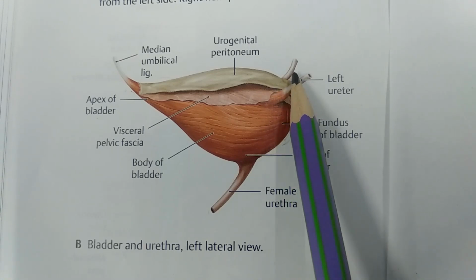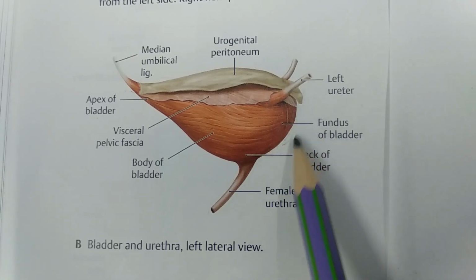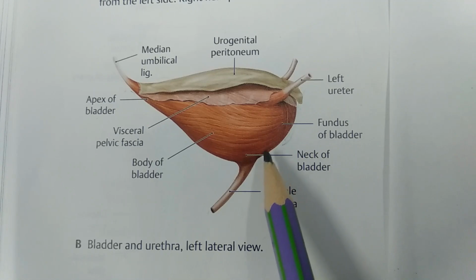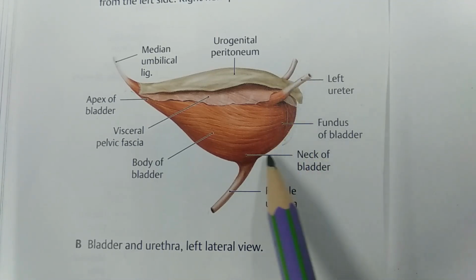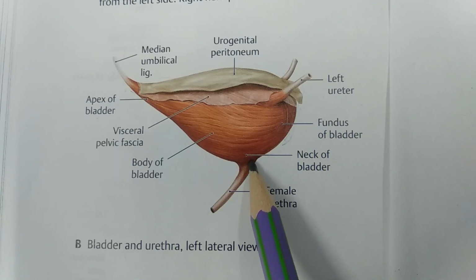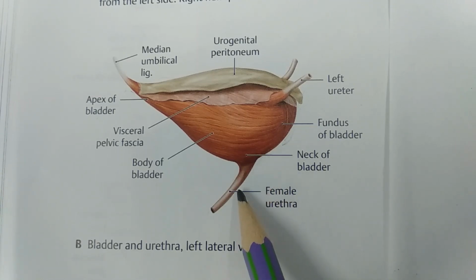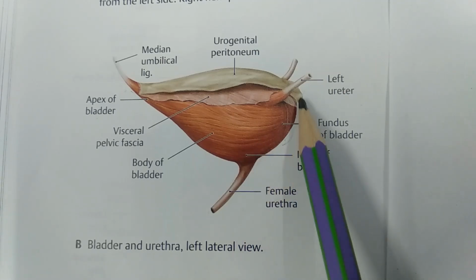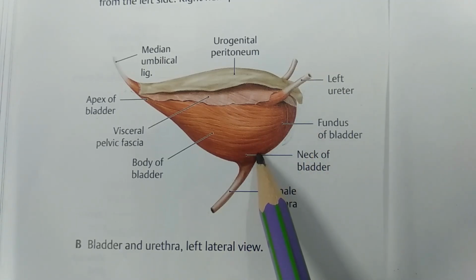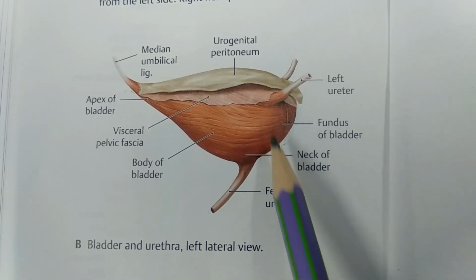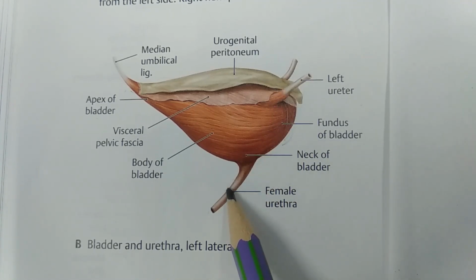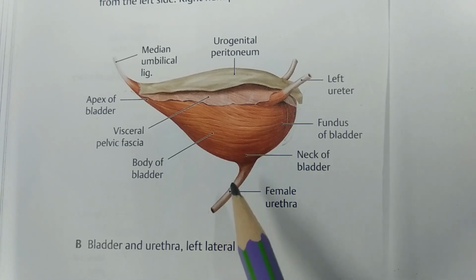And the inferior angle gives rise to the urethra in male or female. So this is the posterior surface or base of the bladder. Superolaterally it has two openings of the ureter and inferiorly it has the urethra.